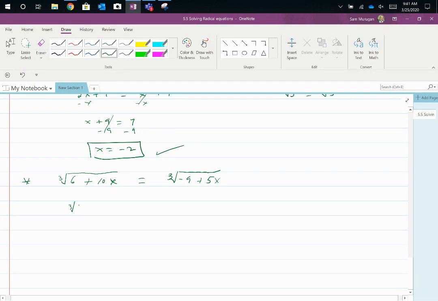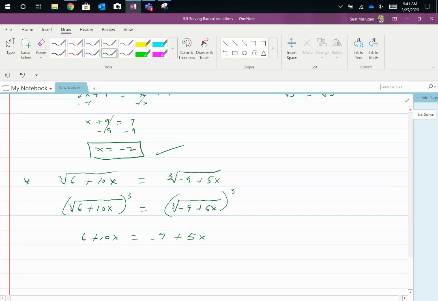Raise both sides to the power 3, since this is a cube root, in order to get rid of the radical. And that makes the radical go away. So we've got 6 plus 10x is equal to -9 plus 5x.